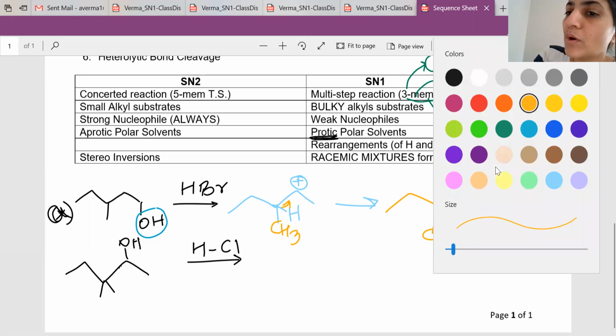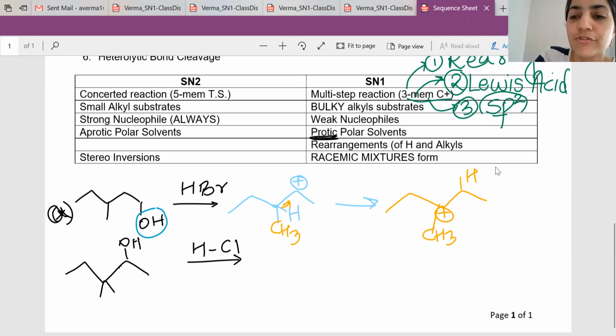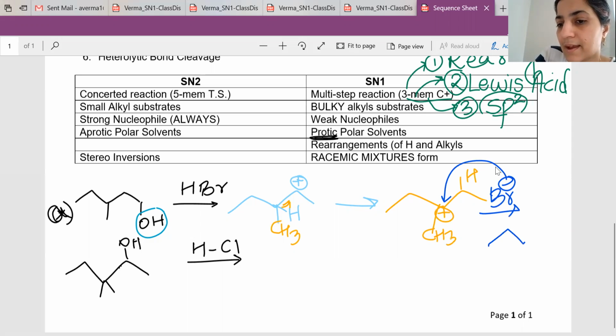Remember, the smaller groups will move first. Now the bromide will attack, and we are going to get a rearranged product. Anytime you have a carbocation, you will get rearranged products.